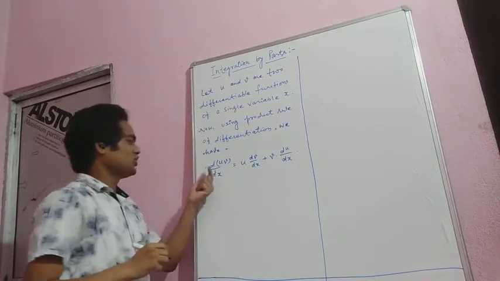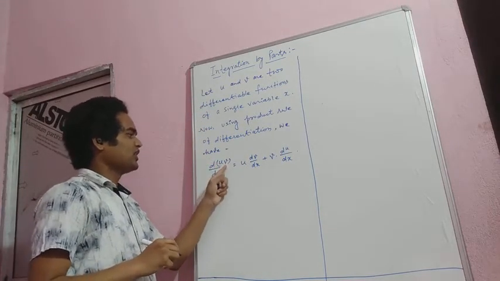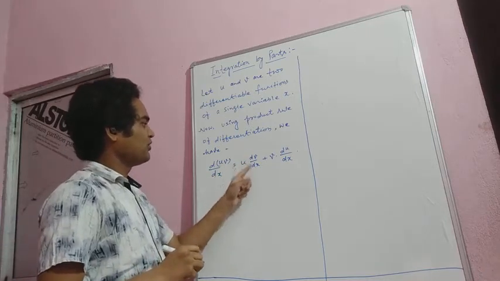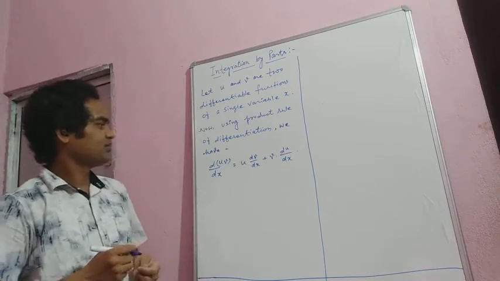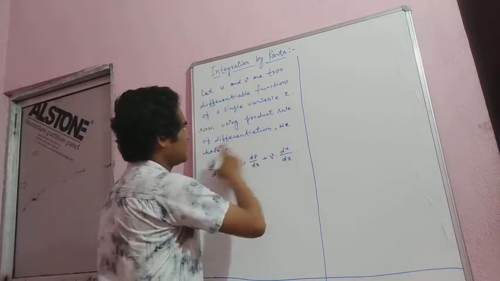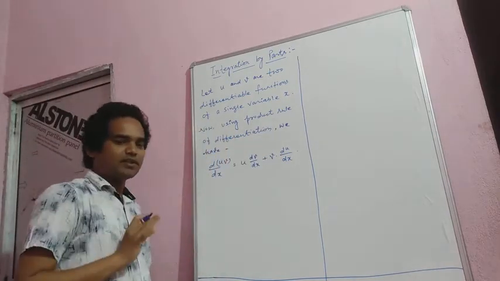That means d(uv)/dx is equal to u into dv/dx plus v into du/dx. We all know the product rule of differentiation.